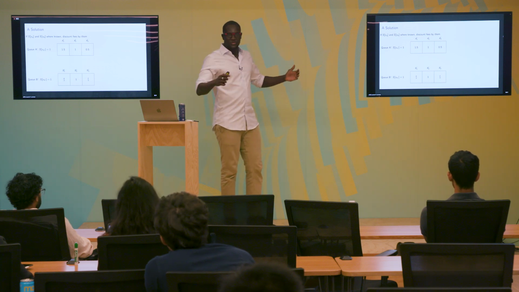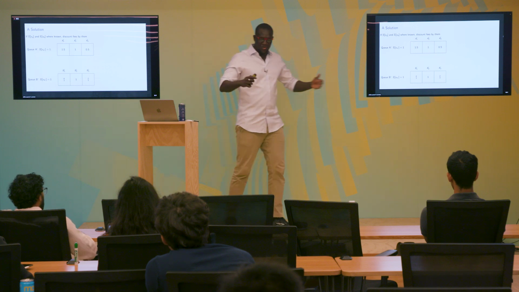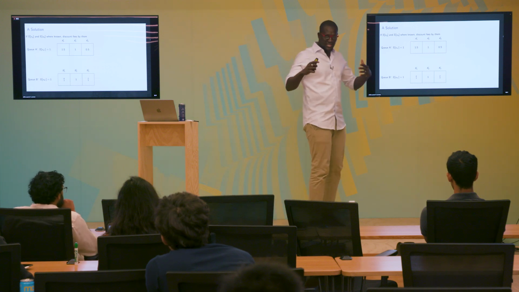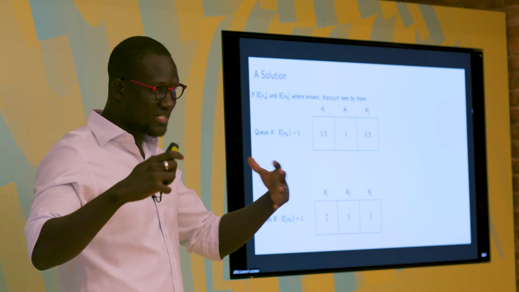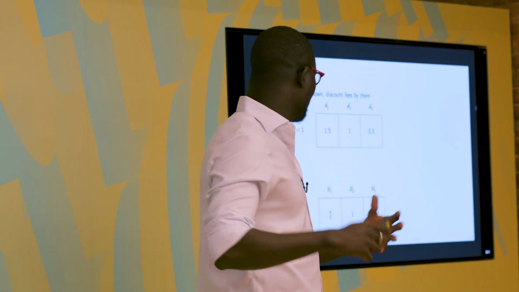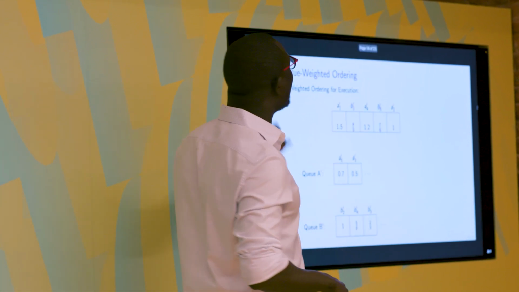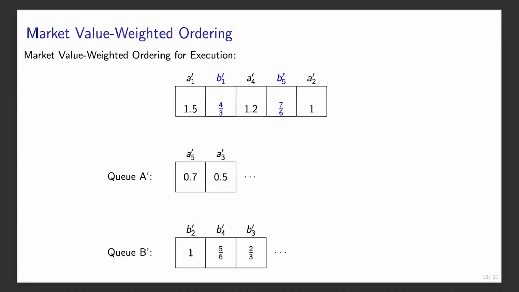So if you do this then, okay, what you are doing actually is you are looking at the prioritization between the two the right way, which is going to be through what I call the market value weighted ordering. Okay, this market value ordering will help you get a signal from the market to alternate between these.